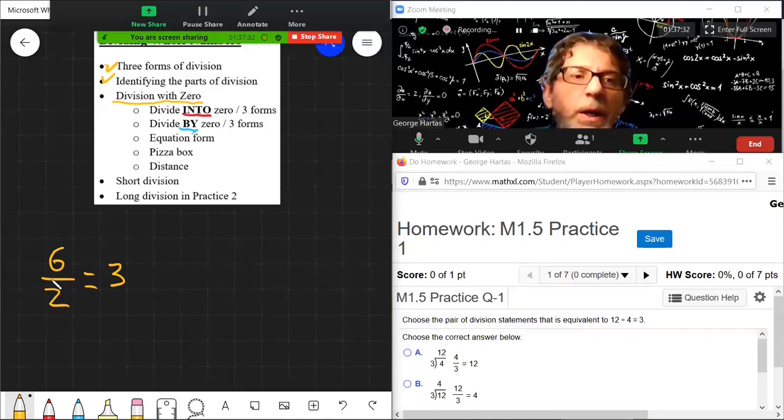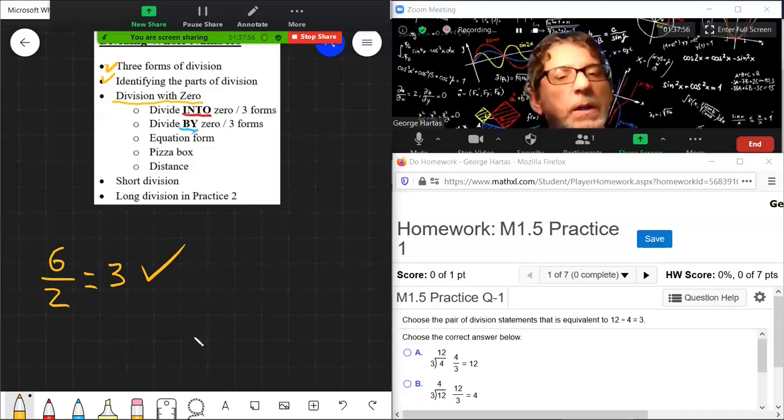So if we multiply 2 times 3, does that give us 6? Yes, it does. So we know this equation makes sense. It's called an equation because there's an equal sign there. Simple little equation. 6 divided by 2 is 3. Yes, that makes sense because 2 times 3 is 6. All right.